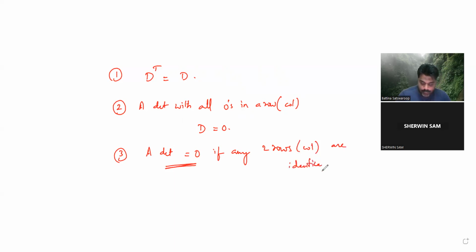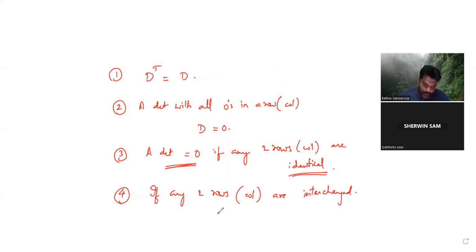If any two rows or columns are interchanged, then the determinant formed will be the negative value of that determinant.